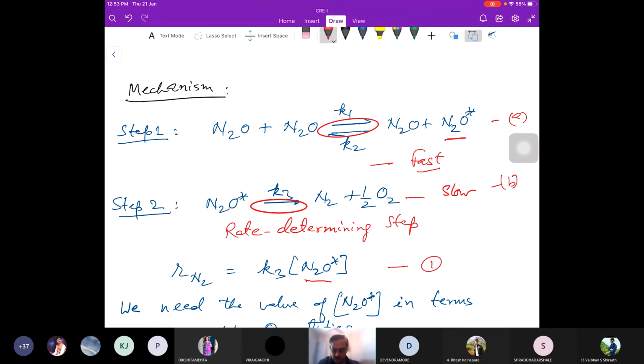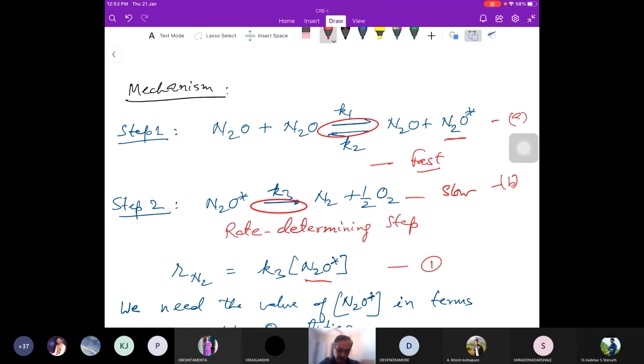That's the only purpose. Equilibrium जब बोलते हैं तो we use step 1 or reversible reaction to get the concentration of the intermediate. When you talk about steady state, which is type 1, then you consider both, because in steady state the rate of change of intermediate is 0. Rate of change means formation minus consumption, right?